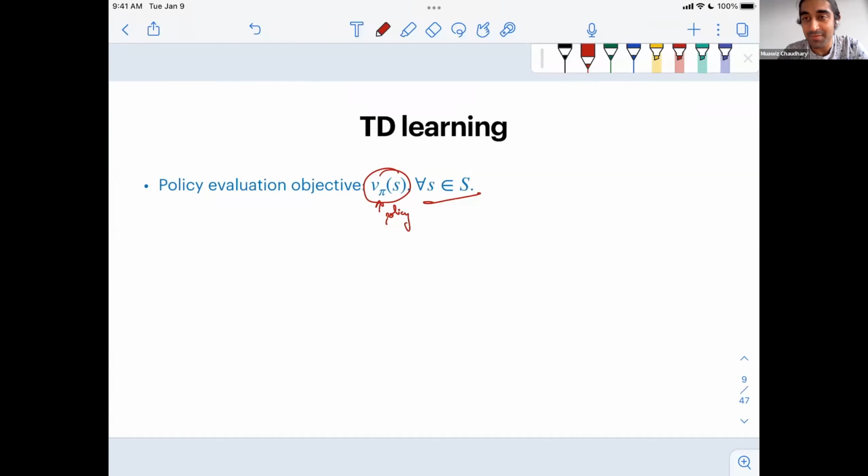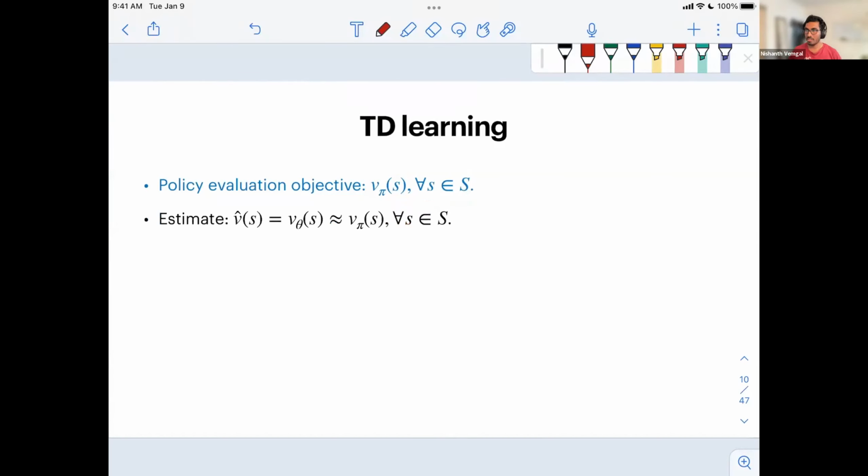I was saying we are given a policy pi and we have to estimate v pi of s for all states. Typically we parameterize our estimates through a differentiable function, where theta is our parameters, and we want to get close to v pi of s for all states s in S. Note that we can't get exactly equal here, because the size of the parameters is much smaller than the total number of states.